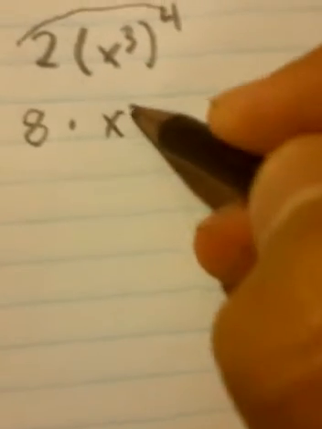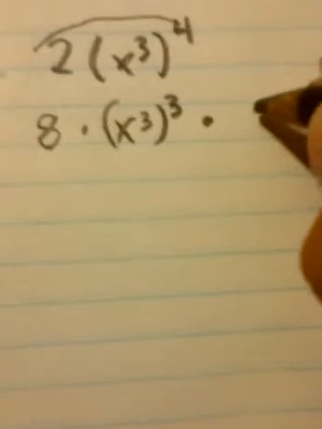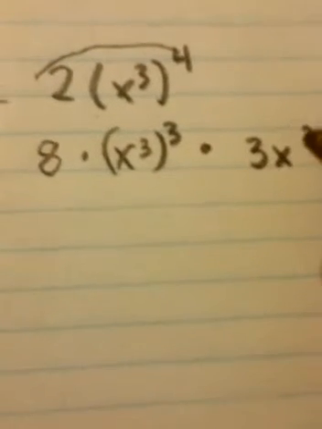My second problem will be y equals 2 times x cubed to the 4th. So we're going to bring down the 4 to the front and multiply times the 2. That will be 8 times the original, which is x cubed to the 3rd, times the derivative of the inside, which is 3x squared.